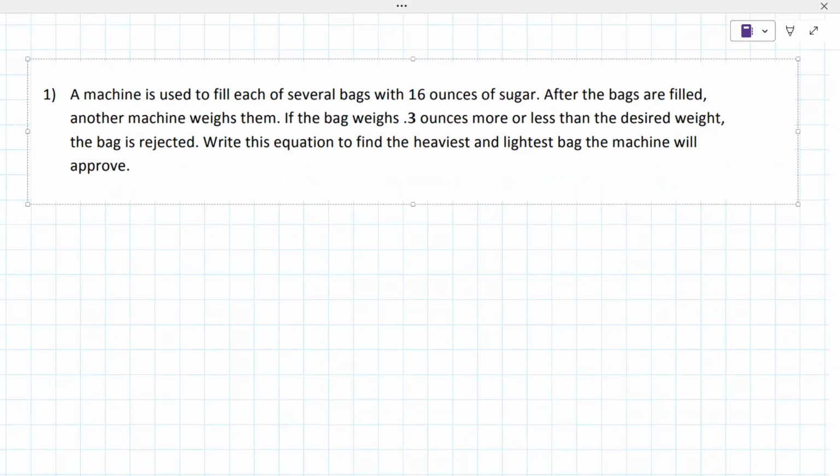All right, here is the problem. A machine is used to fill each of several bags with 16 ounces of sugar. After the bags are filled, another machine weighs them. If the bag weighs 0.3 ounces more or less than the desired weight, the bag is rejected. Write an equation to find the heaviest and lightest bag the machine will approve. Looking at this problem, it's like problem 18 or 17 that you've got there.